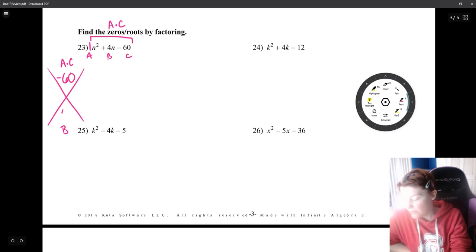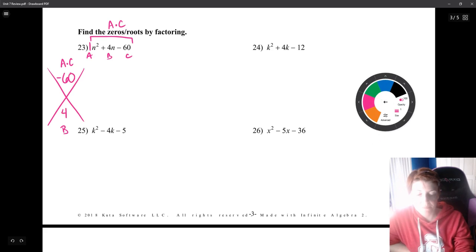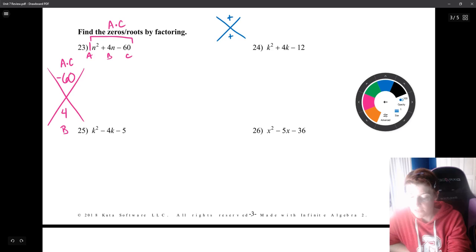My B value is 4, so I put that one on the bottom. And then I'm going to remind you of the x's that you should have on your factor chart, because we're going to be using those right now.